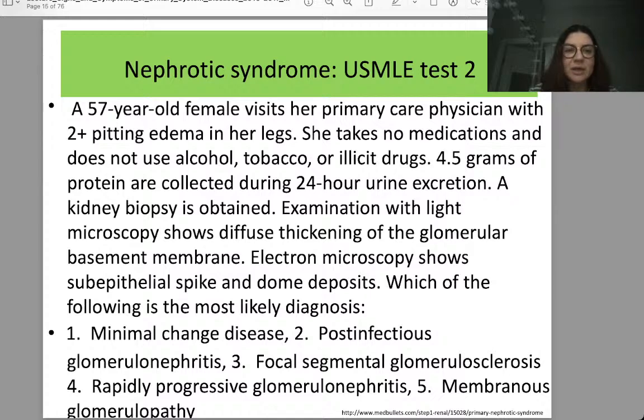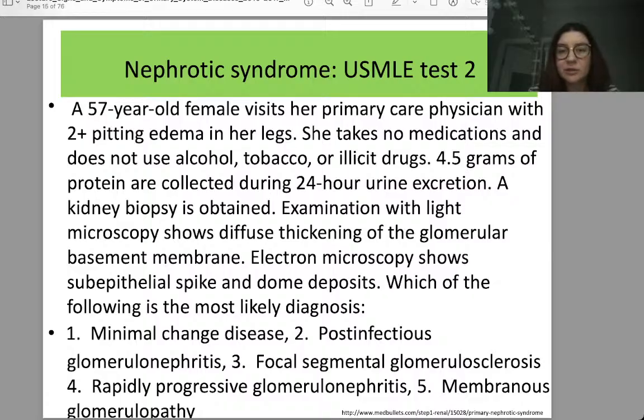Examination with light microscopy shows diffuse thickening of the glomerular basement membrane. Electron microscopy shows subepithelial spike and dome deposits. Which of the following is the most likely diagnosis?